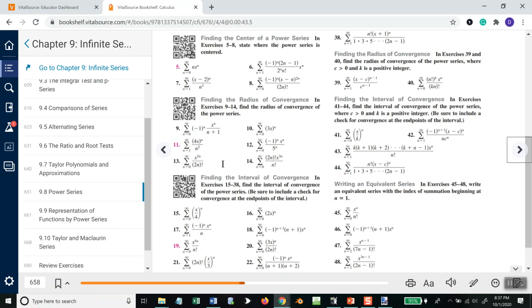Is this one any different? Let me see. It just has a factorial.